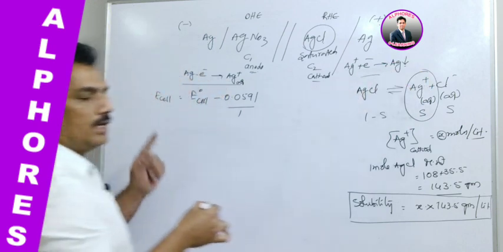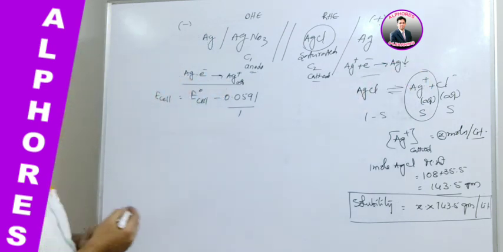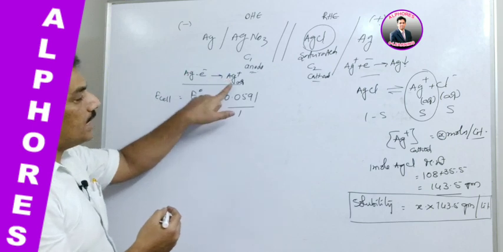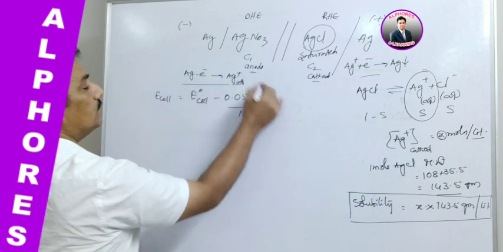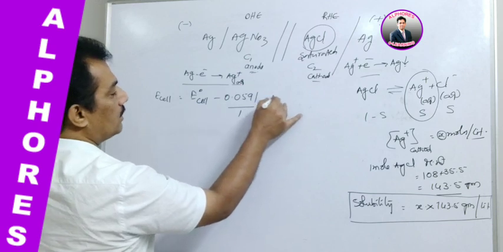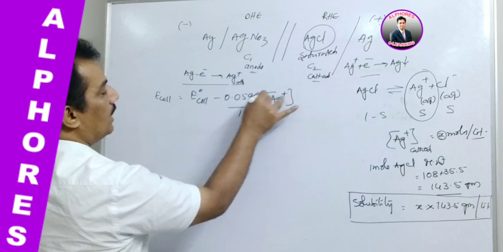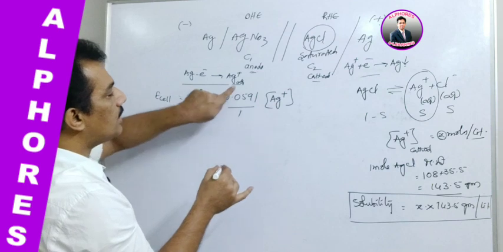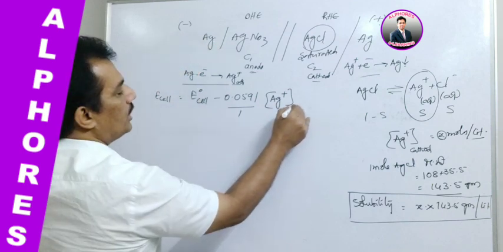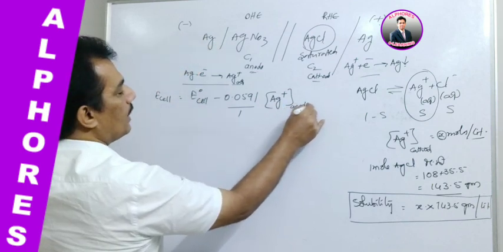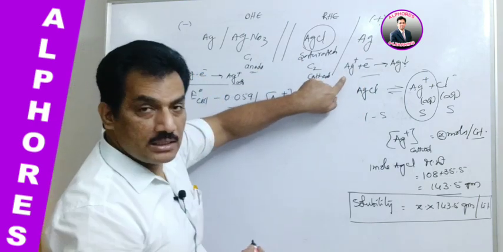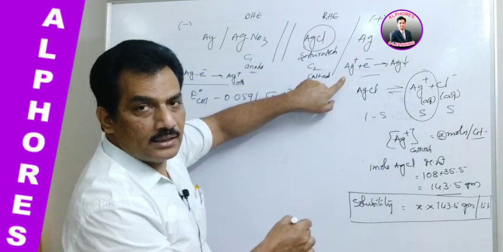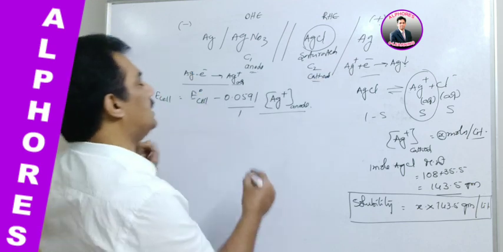This is the cathodic reaction. And if you observe here, the product is Ag+, so it is in the numerator, and this Ag+ in the numerator is from the anode. So Ag+ at the anode by, at the cathode Ag+ is the reactant, and hence it is in the denominator.